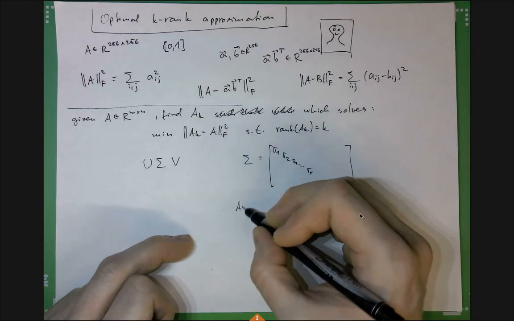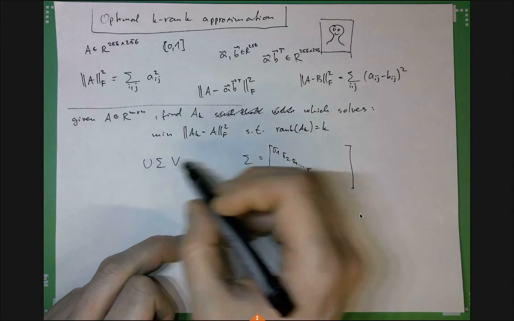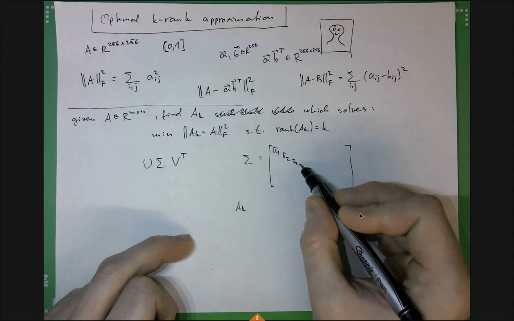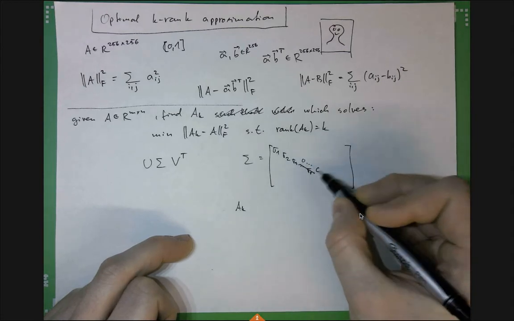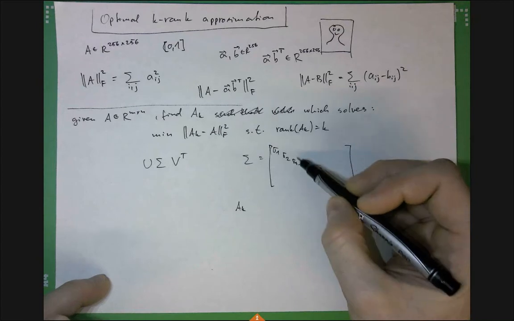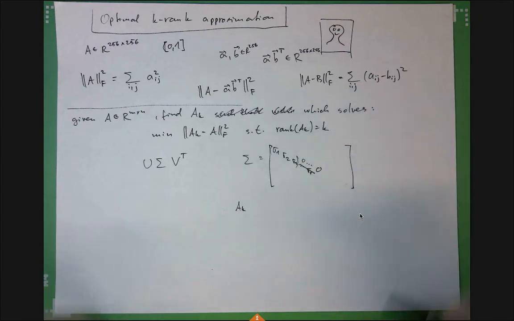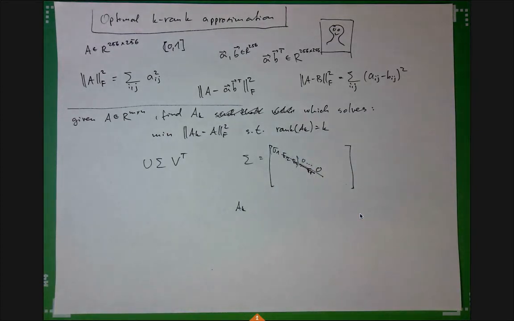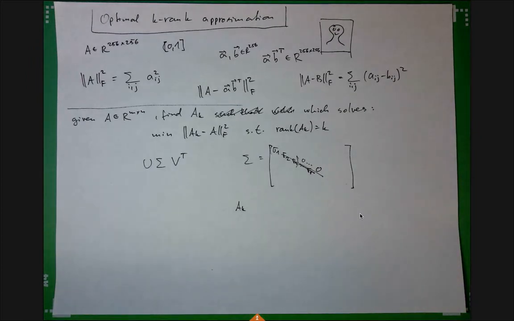And the optimal approximation AK has the same U and V transpose, and here you just zero out as many singular values as you need until you get the desired rank. So if you want rank 1, you would just zero out everything but the first one. Yeah? And this works because they're ordered in decreasing order? Correct. This convention is almost universally assumed. Otherwise I would have to be more careful and say that I zero out the smallest singular values. Yeah, great question. Thanks.